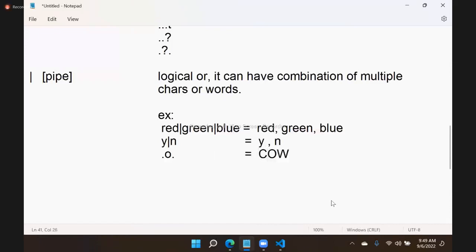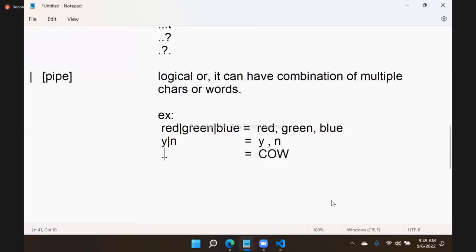Is it allowed? Not allowed, because o is lowercase only. Capitalization also matters. If I say o lowercase, only lowercase. If I say o uppercase, only uppercase. So even capitalization matters when you are defining this.